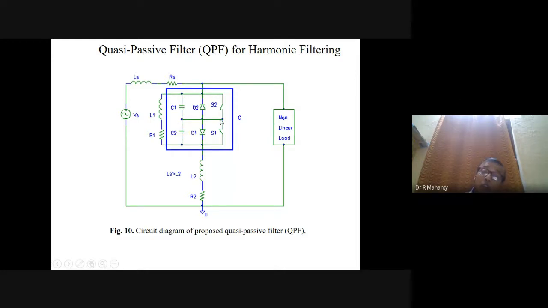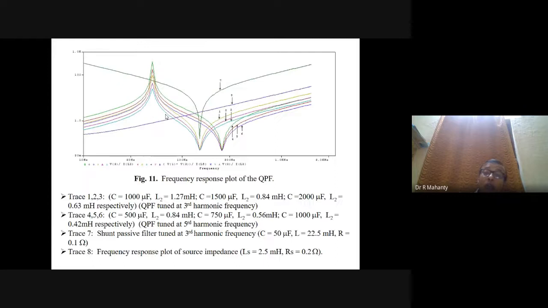Therefore, the fundamental circulating current in this parallel resonance circuit is very large. Therefore, your capacitor and inductor have to be rated accordingly. You have to handle a large value of current. That is the disadvantage of that. So you have to make a compromise. Whether you require 500 microfarad or 1000 microfarad of capacitance, accordingly you have to design your circuit.